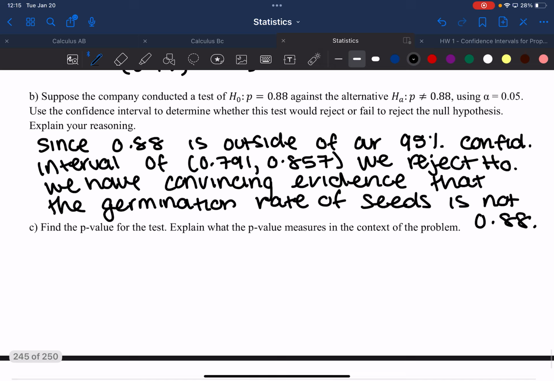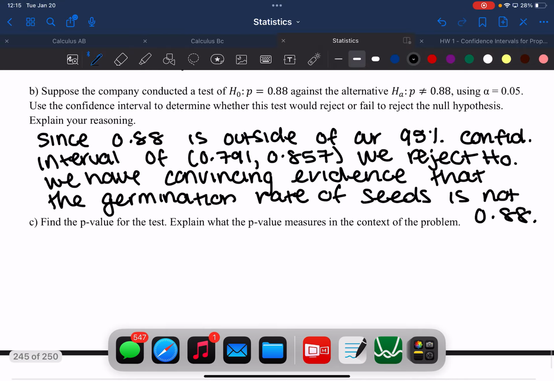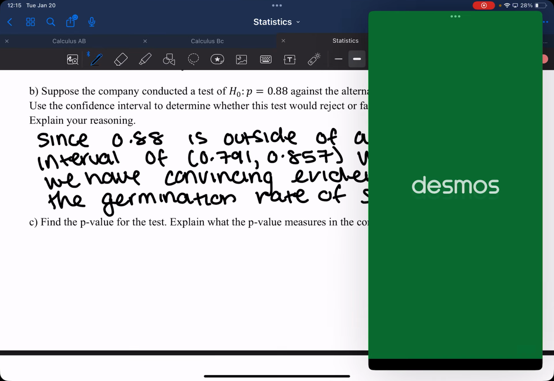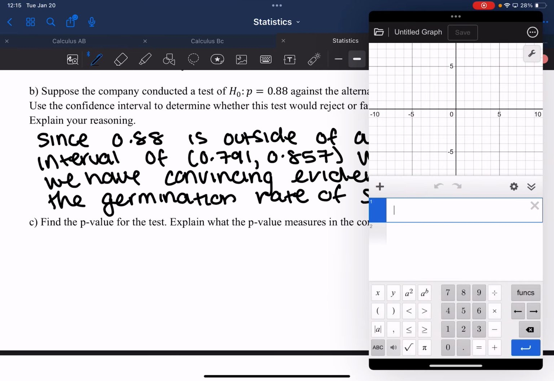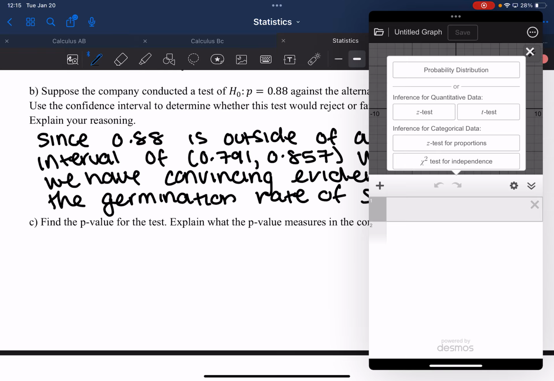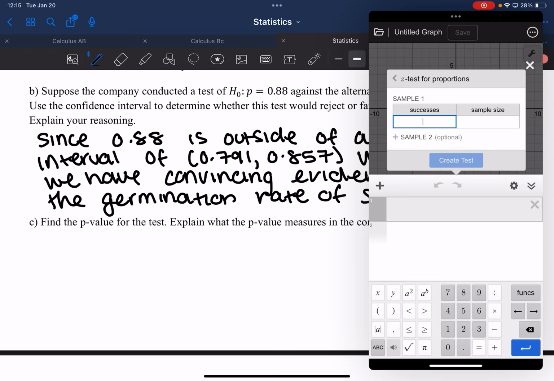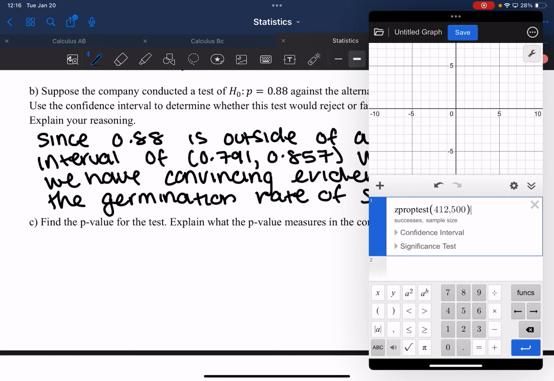And then the last thing on these notes here is to find the p-value for this test and then interpret it. So in order to find our p-value, I open up Desmos and go back to inference, z-test for proportions. It should already be up for you guys. It just closed out for me, so I need to type it back in. So 412, 500, 0.95.